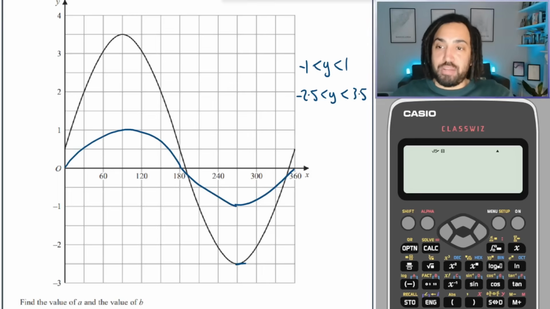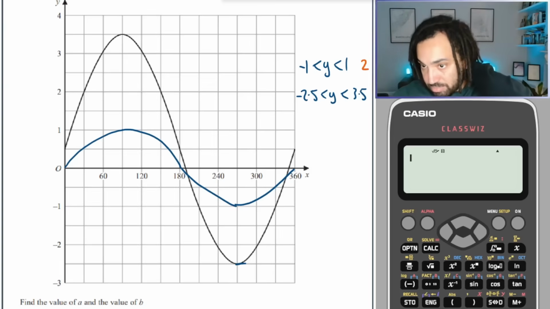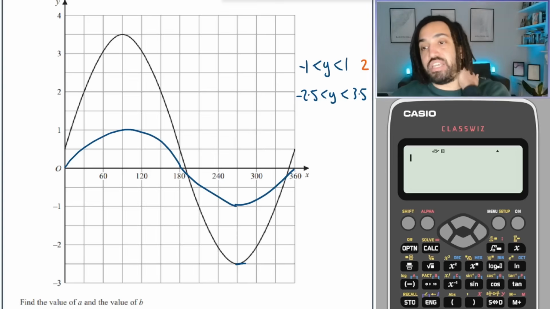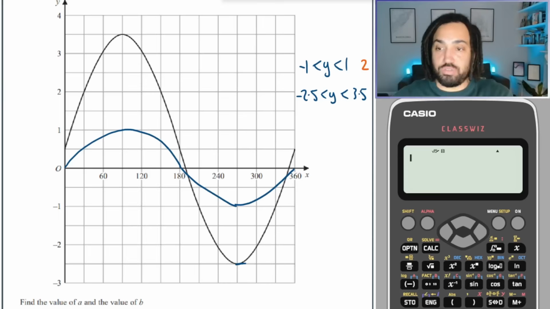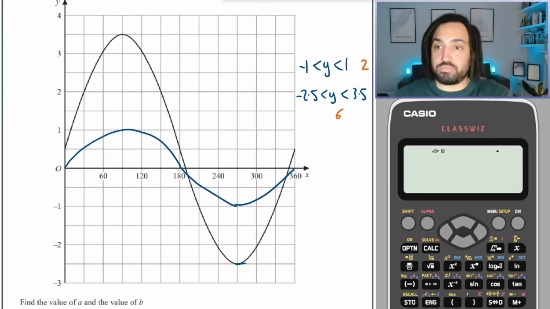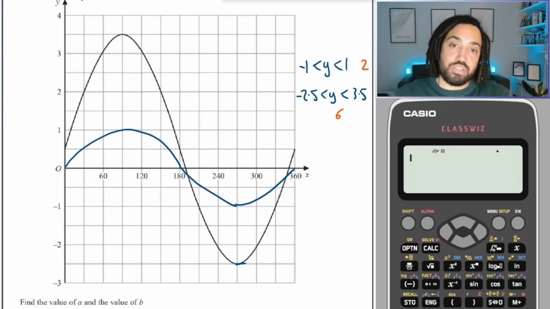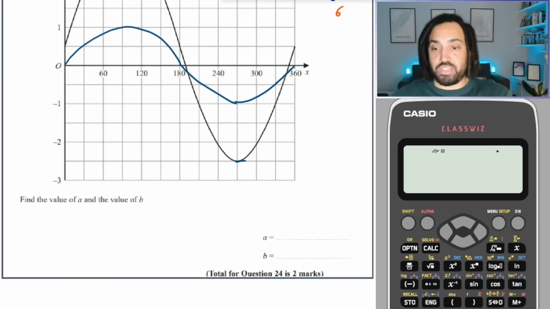So this has a gap of 2 originally, and the new graph has a gap of 6. So we can see that it's been stretched by a factor of 3. So therefore the A value is 3 because that's what stretches in the y direction. Okay, so A is 3.